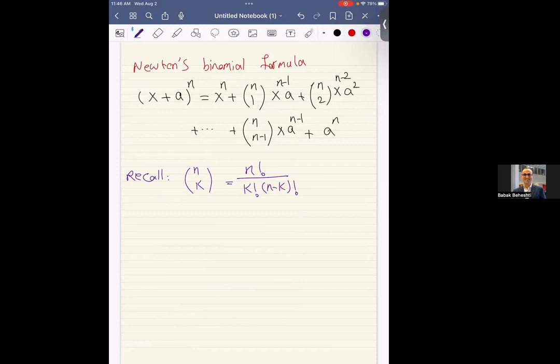So n factorial is n times n minus 1 times, and so on, down to 1. For instance, 2 factorial is 2 times 1, which is 2. 3 factorial is 3 times 2 times 1, which is 6.